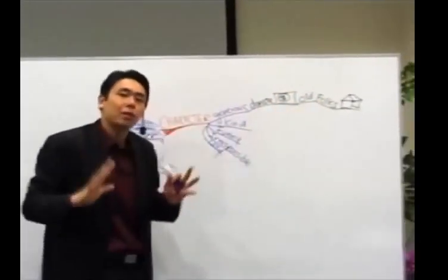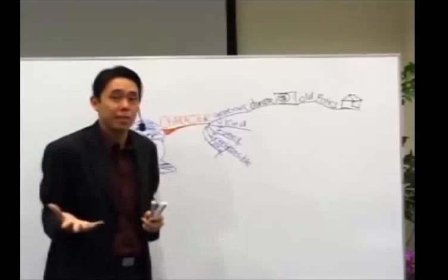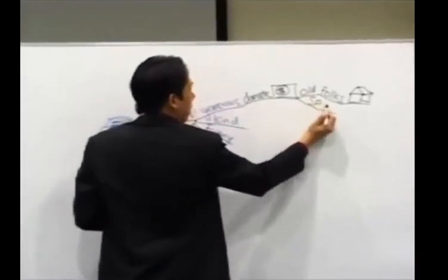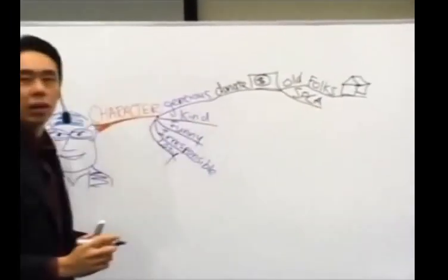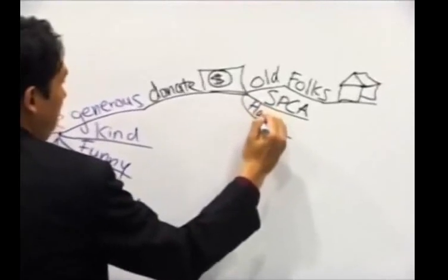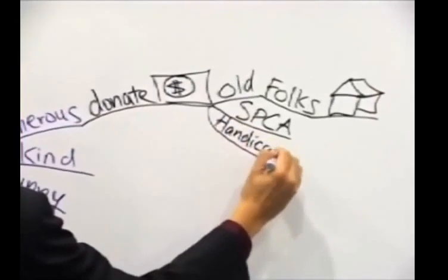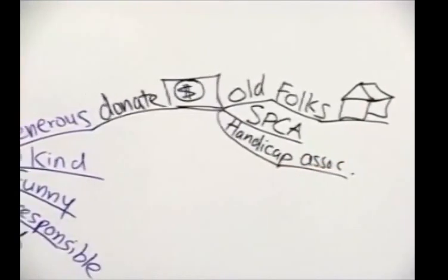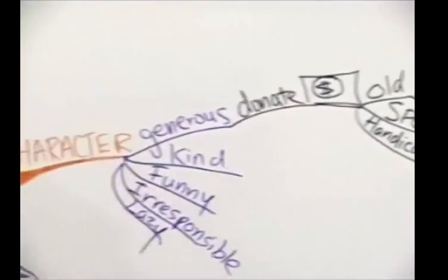Now, besides donating money to old folks home, let's say he also donates to the SPCA. So from here, can we also branch out SPCA? Yeah. Let's say he donates to the Handicap Association. So from here, we can branch out Handicap Association. Alright? Now, let's look at why else is he generous?